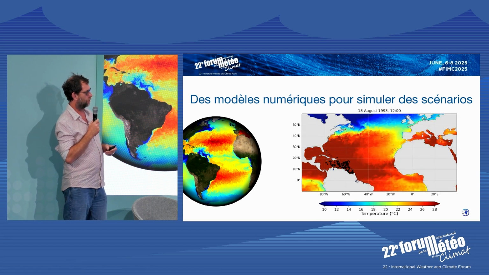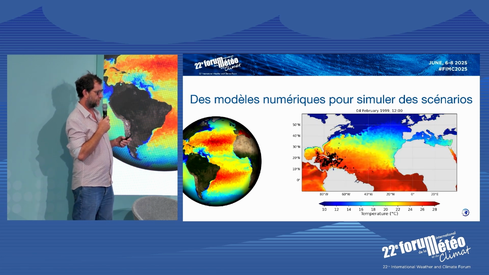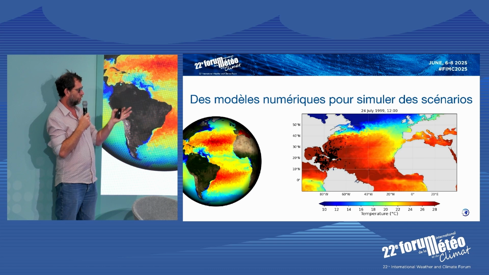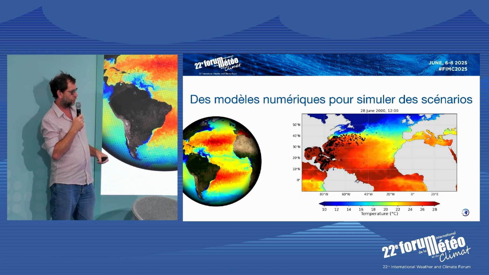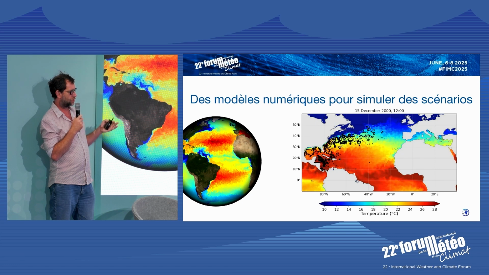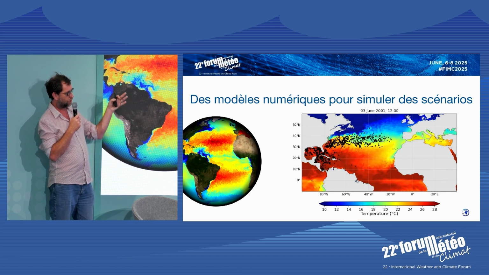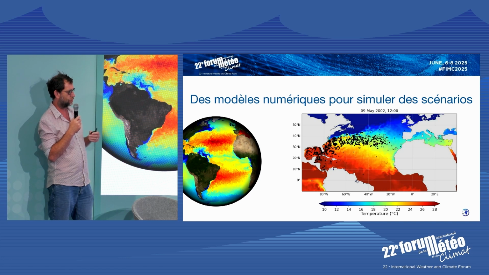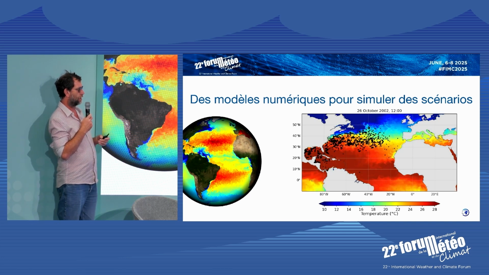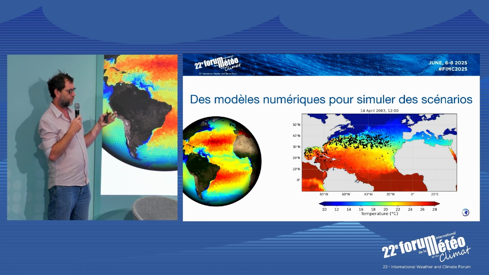And on top of this, we can use biodiversity data. So we have data on sea turtles, and we have the place of birth, and we can simulate the whole life cycle of these turtles, and we see how they migrate from one side of the Atlantic to the other.